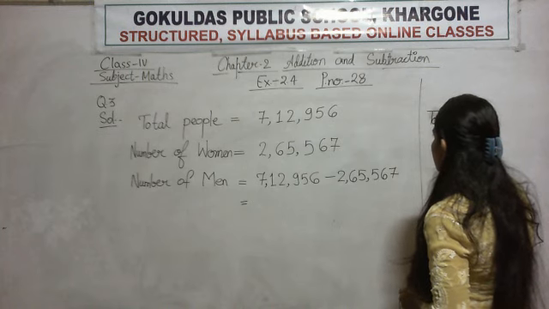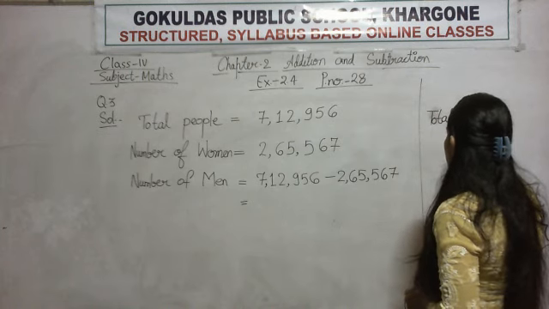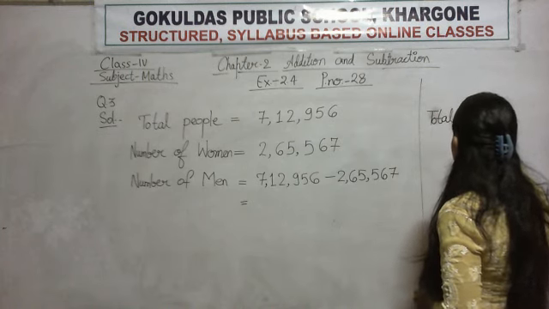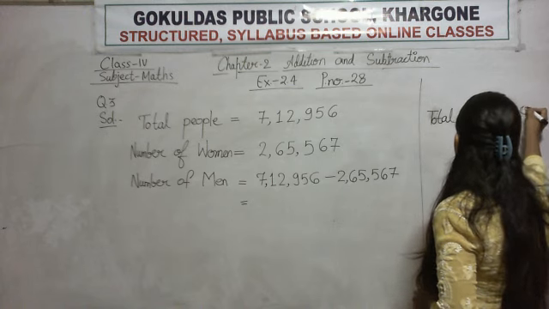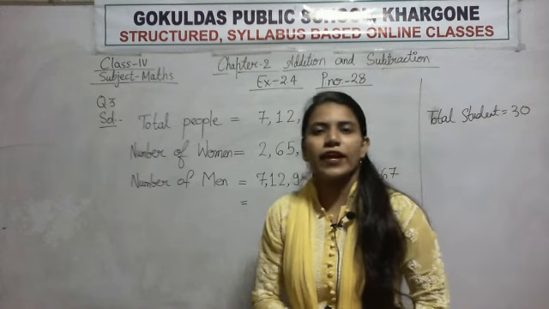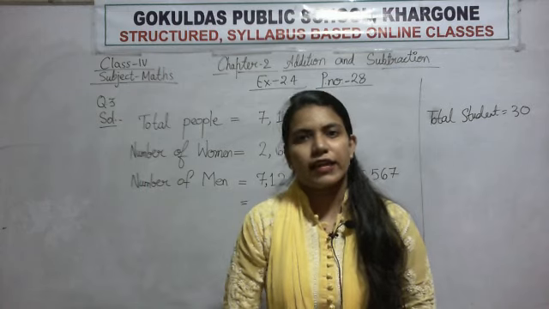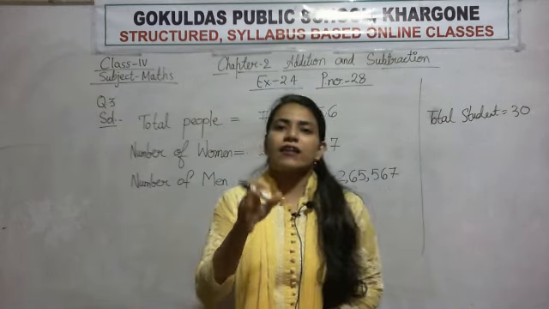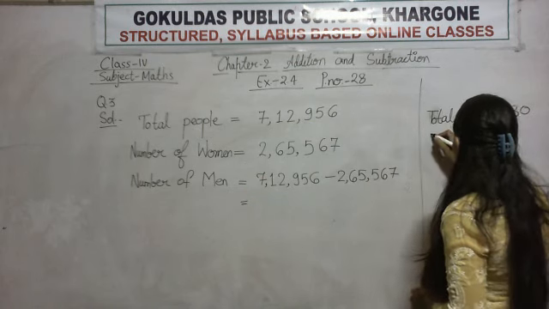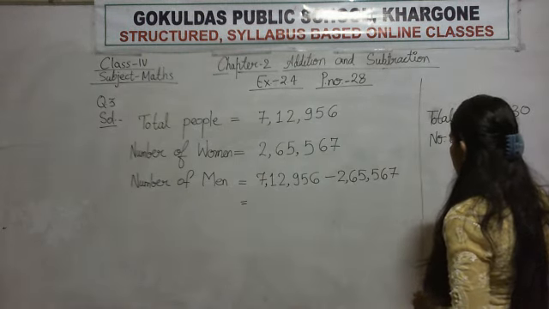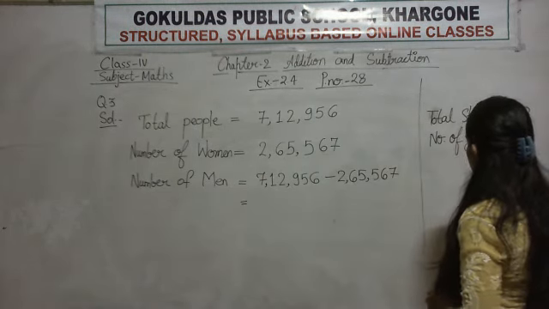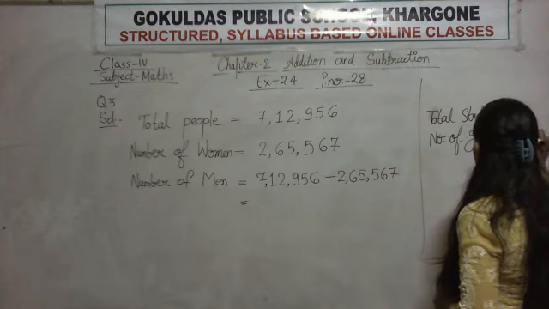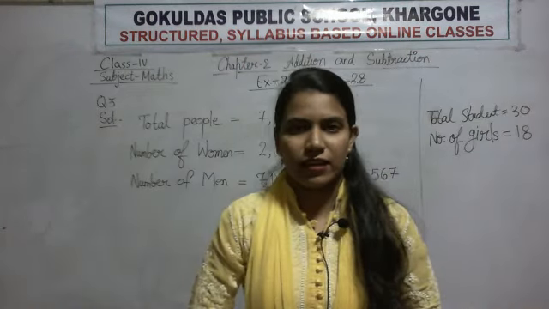Total people, or total students. Total students are 30, and out of 30, 18 are girls. The number of girls in your class is 18.